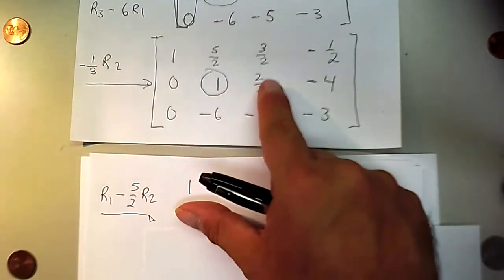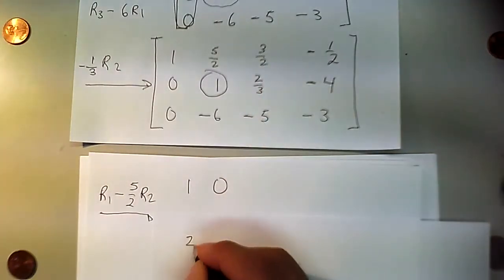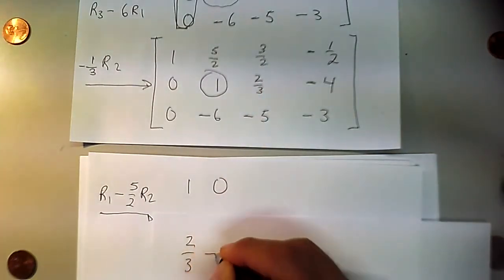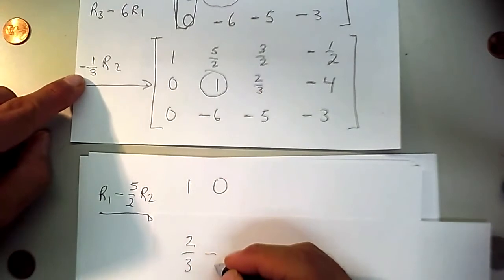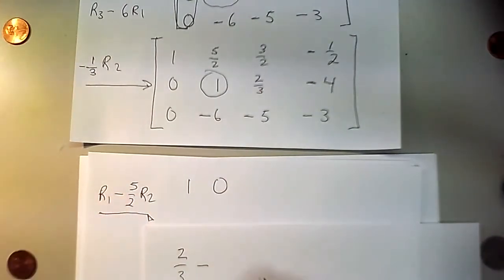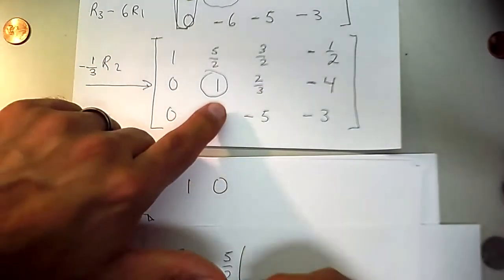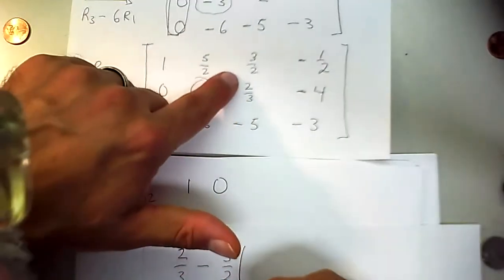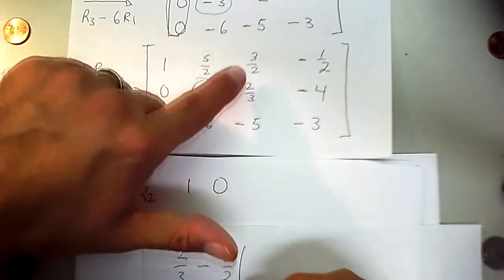So we have 2/3, and we're going to subtract 5/2 of 3/2.